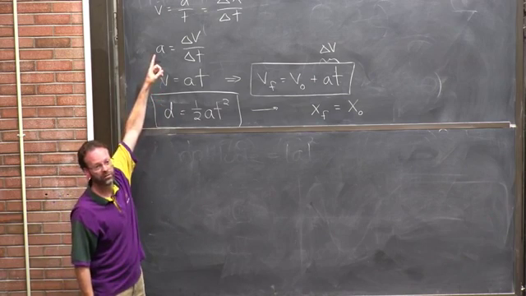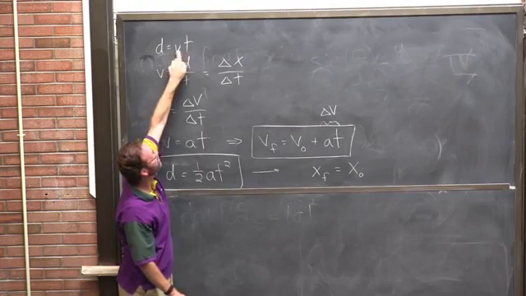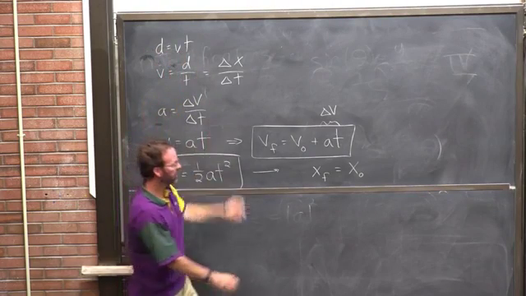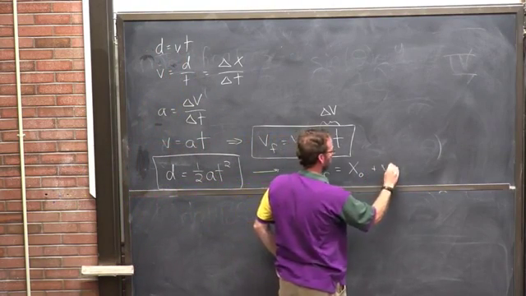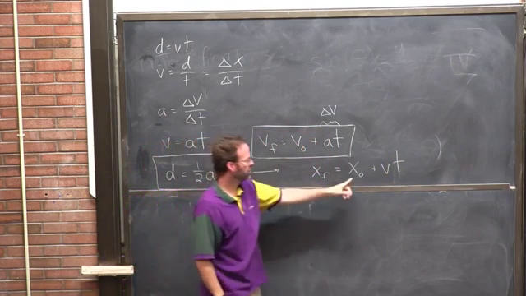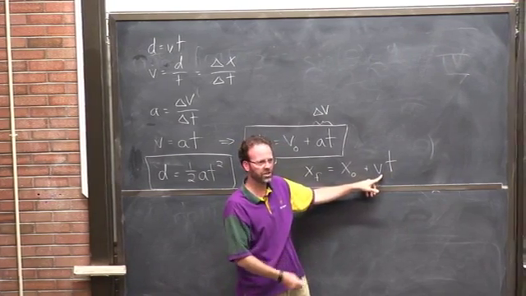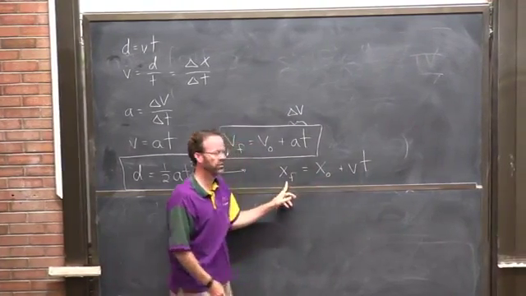Well, it's right there. How far do you go if you go a constant velocity? Vt. So if you're at a certain spot and you now go a certain velocity for a certain amount of time, you'll end up somewhere else.